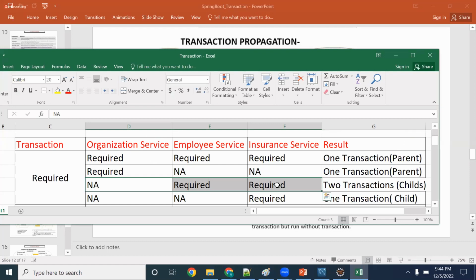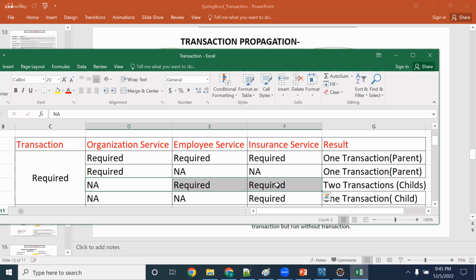Insurance is going to have its own transaction, right? If the parent does not have a transaction and you use the required annotation at child level, required is going to create a new transaction. Required always creates a transaction object.